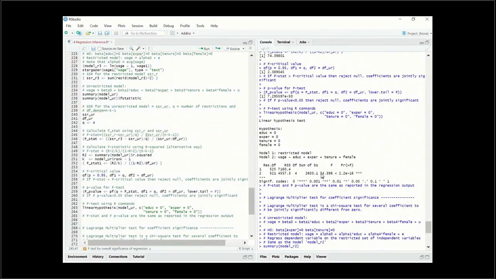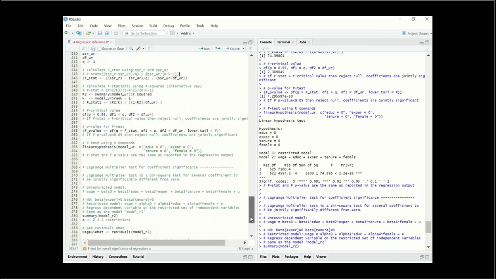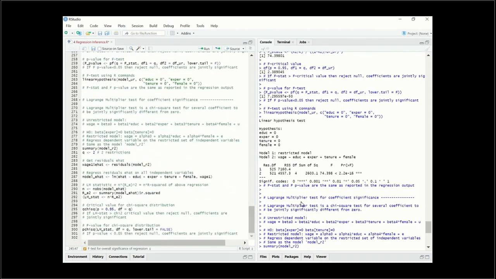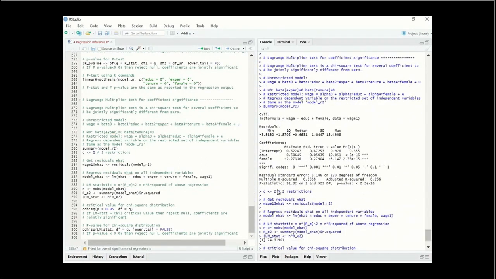Therefore, the coefficients are jointly significantly different from 0. Notice that again, the F statistic and the F p-value here are the same as reported in the regression output.